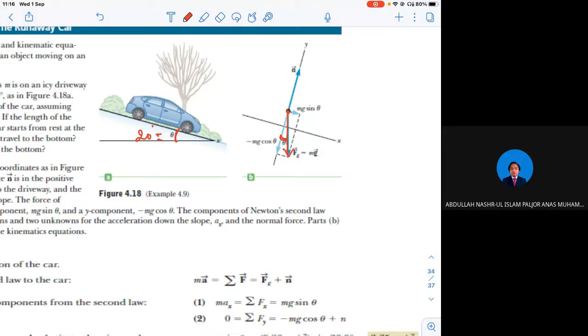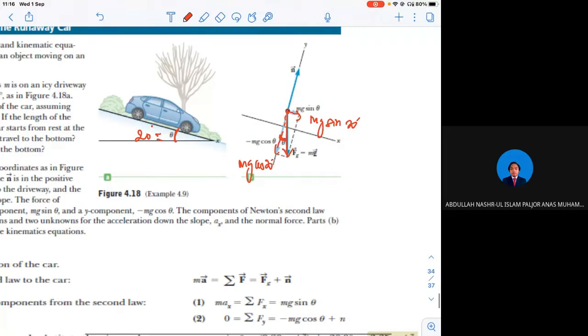Now we have mg sin 20 over here, and obviously mg cos 20 at the bottom, because that is how you resolve W. And obviously there is also a normal force. You can write it down like this.